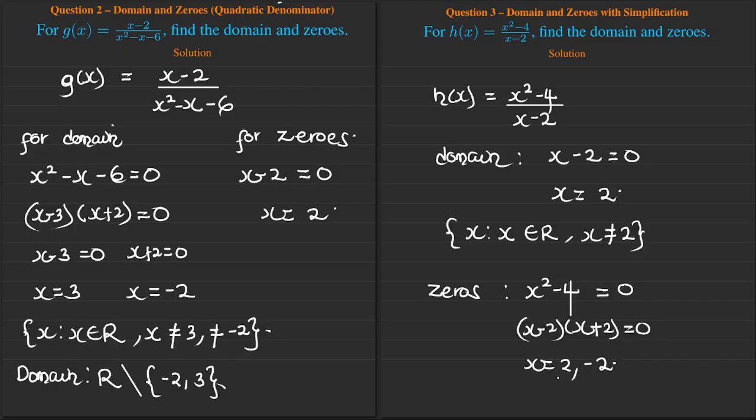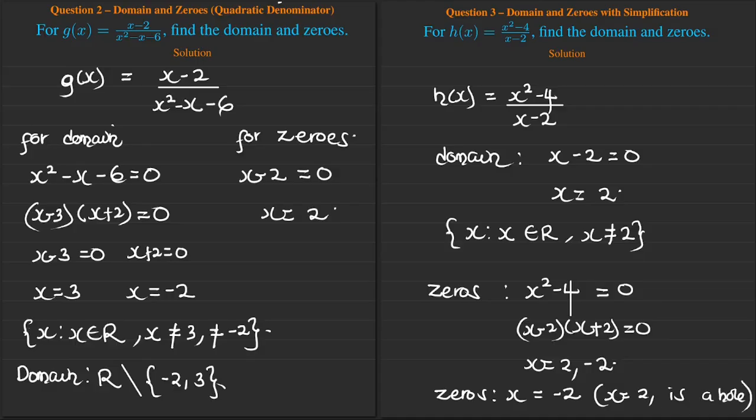Hence, it is not part at all. So this implies that we are only going to stick with -2. For the zeros, our zero is x equals -2 only, because x equals 2 is a hole.